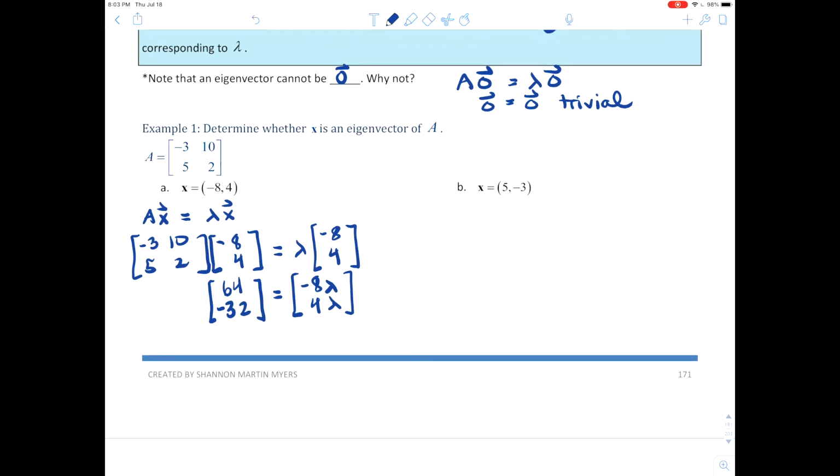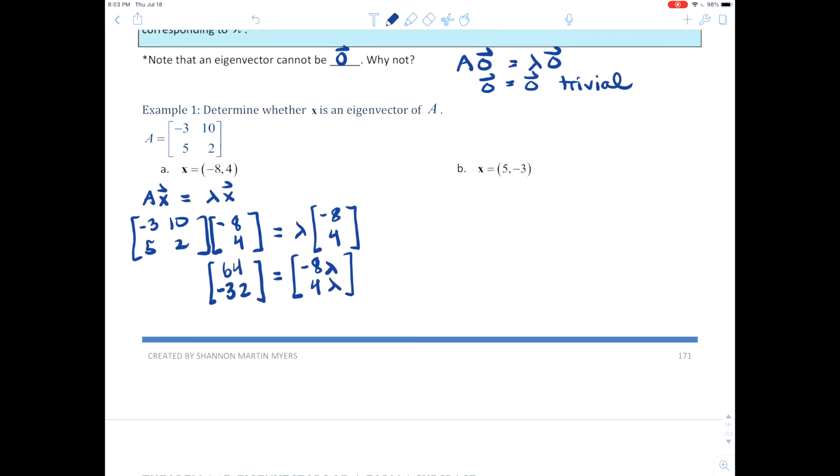And both have to be true in order for this to work. So we would have -8 lambda would have to equal 64. And -32 would have to equal 4 lambda. On the first equation, we would get lambda is -8.